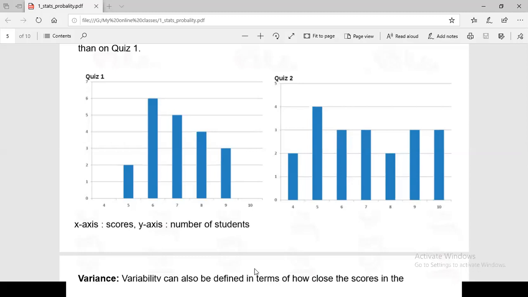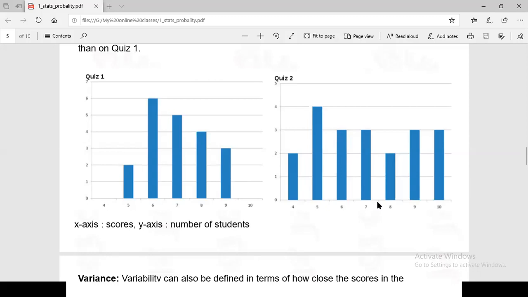Before completing this concept, let's see how many bars there are in the quiz 1 chart. 1, 2, 3, 4, 5 only. Now when you come to quiz 2, there are 1, 2, 3, 4, 5, 6, 7.